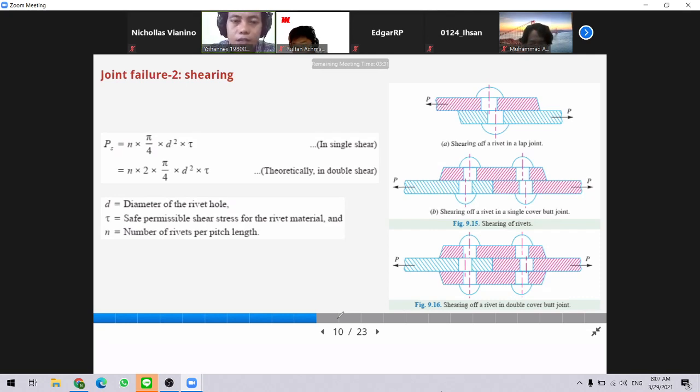Okay, as mentioned by Edgar previously, the rivet can be sheared apart due to this eccentric load.